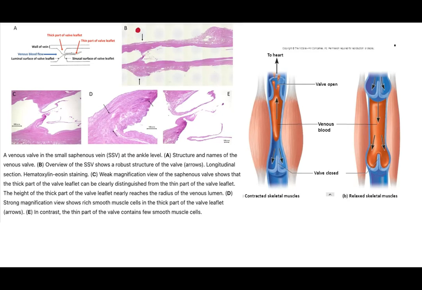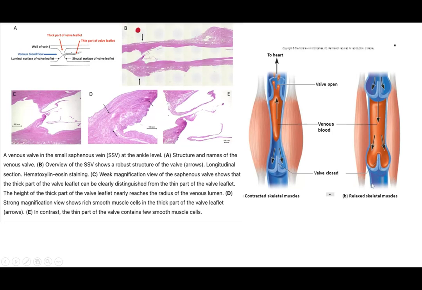So veins are going to depend on something called the muscle pump. Looking at skeletal muscle, we can see here we have muscle contracting, which is going to push venous blood up towards the heart. But let's say the muscle relaxes before the blood can be expelled all the way through.